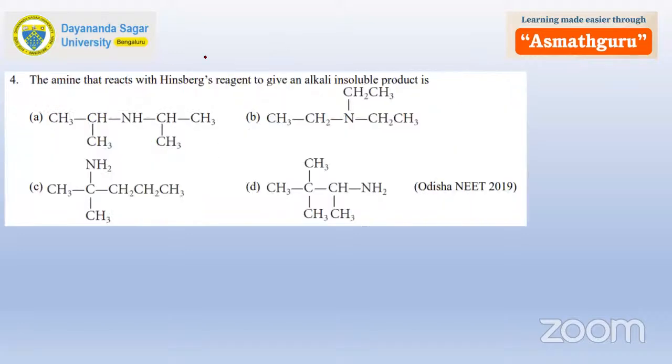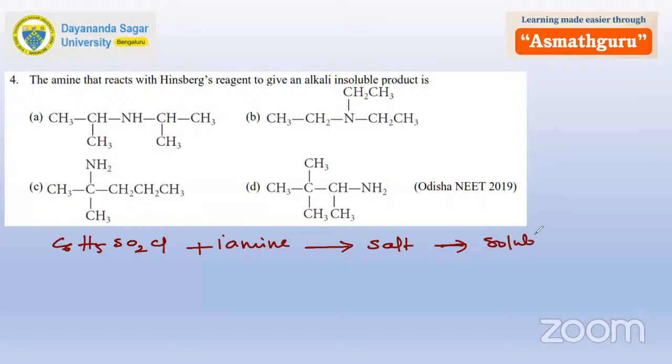So the amine that reacts with Hinsberg reagent to give an alkali insoluble product. What is Hinsberg reagent? I already told you. Benzene sulfonyl chloride, which reacts with your amine. If it is your primary amine, I told you, it forms a salt which is soluble in base, soluble in alkali.